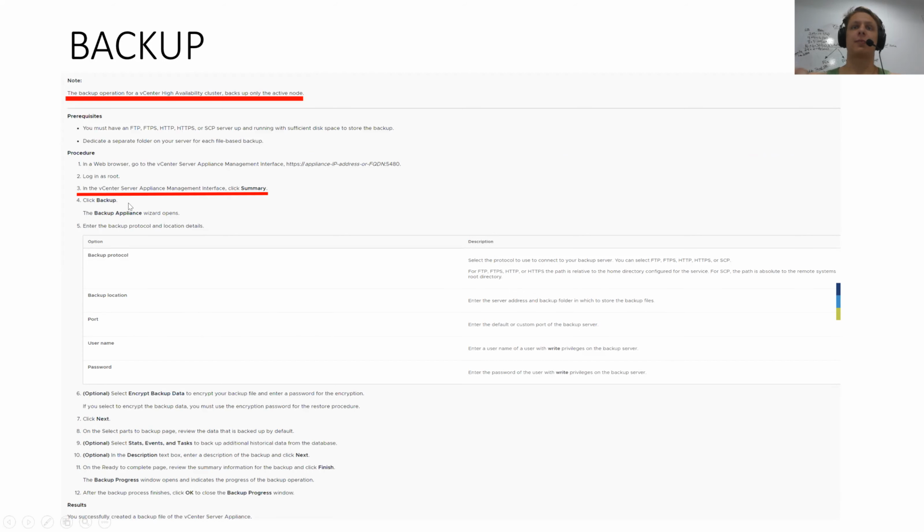And remember, you're backing up from the vCenter server appliance interface. So you log into your vCenter server and you're backing up there, and you're only backing up the active node. You're not backing up both. Why would you back up active and passive? They're the same.